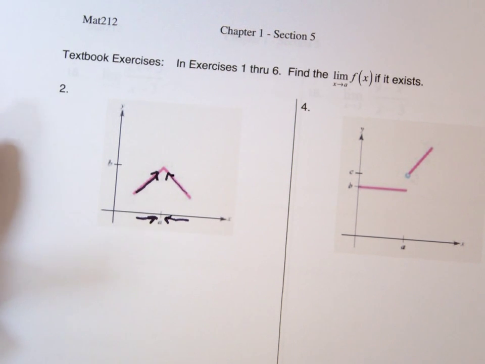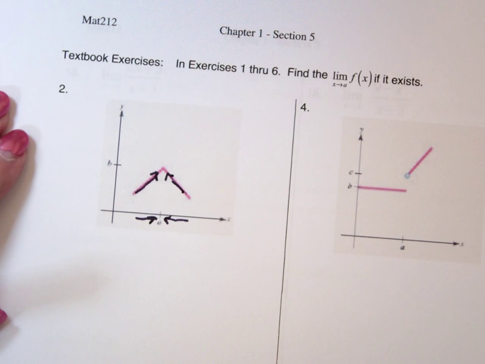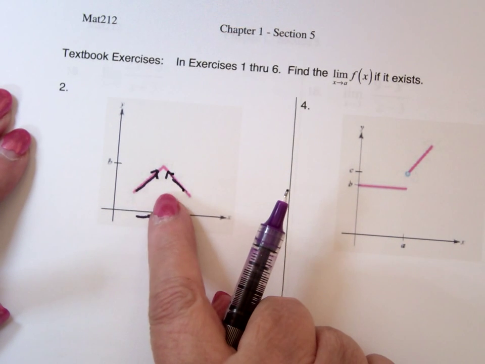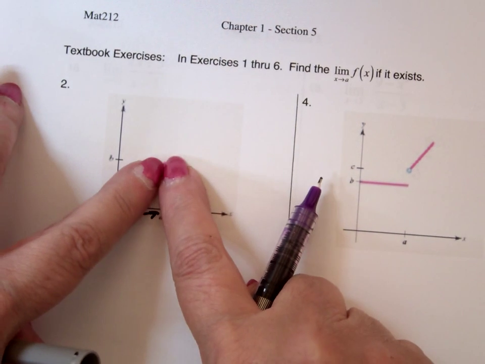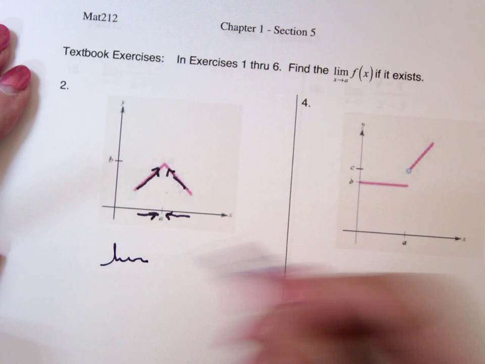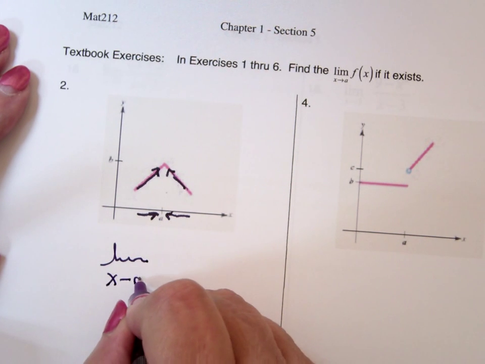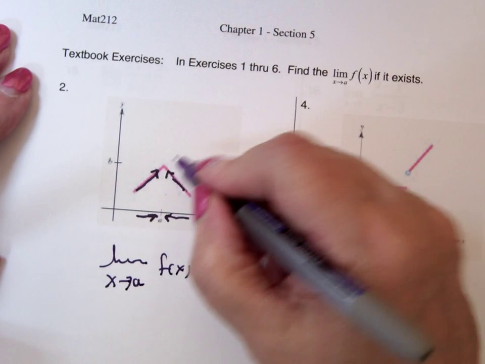The question is, do these two arrows meet? Will my fingers touch? I can say that the limit as x approaches a of f of x equals what?